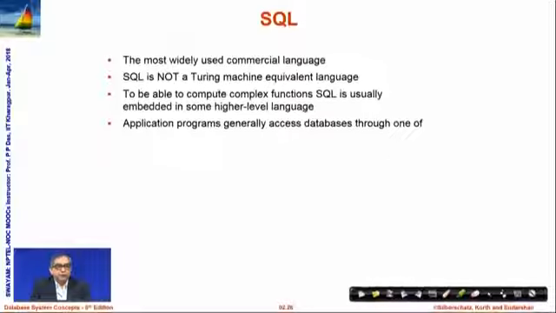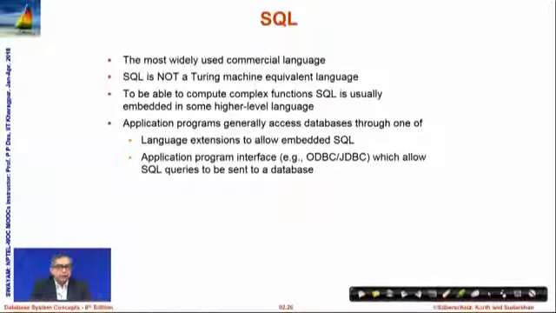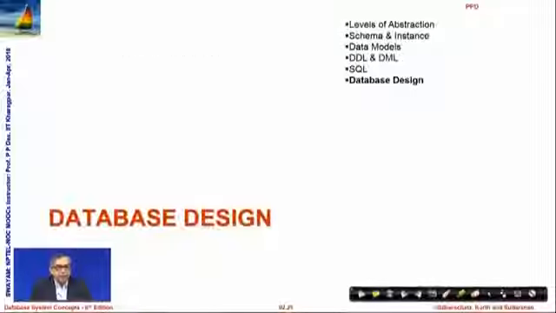So, application programs are typically written through them. We can do this through a process of embedding, that is, putting SQL as a part of a C program, or use certain libraries which can actually take a query from C and fire it on the SQL database. We will see how to do this in the course of time.